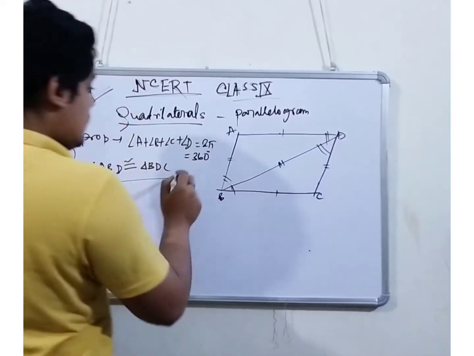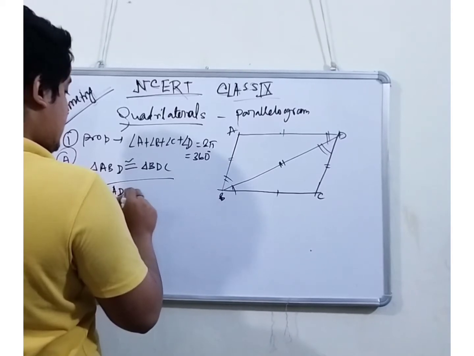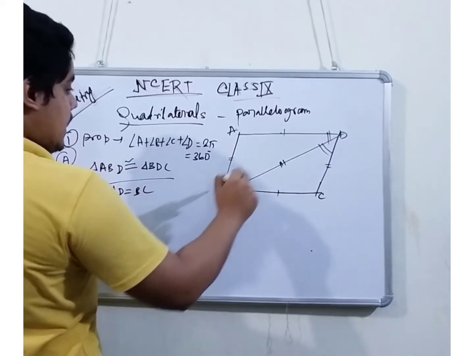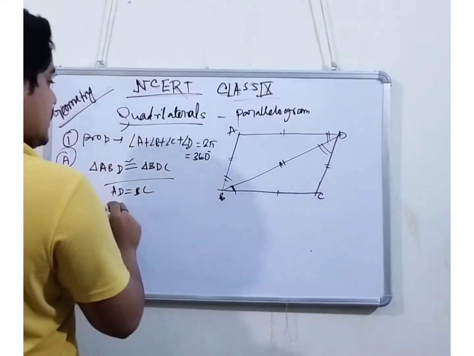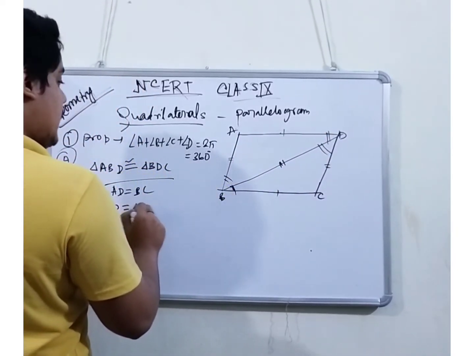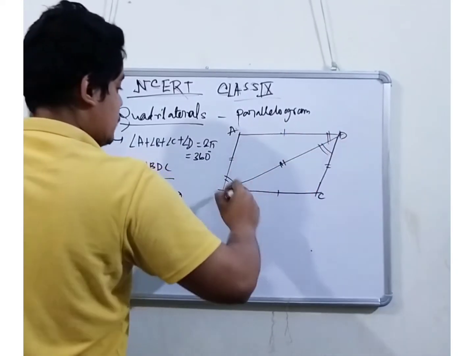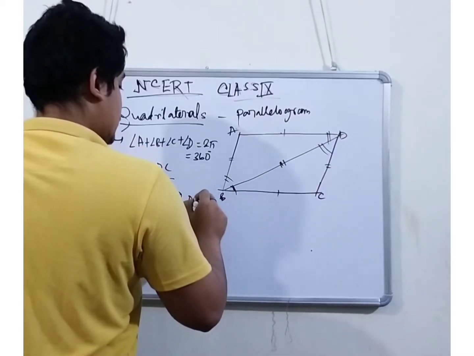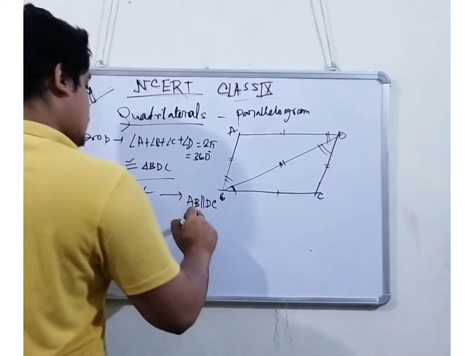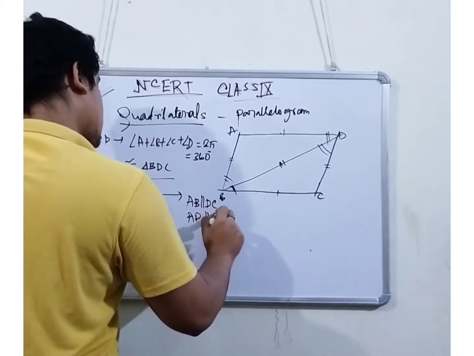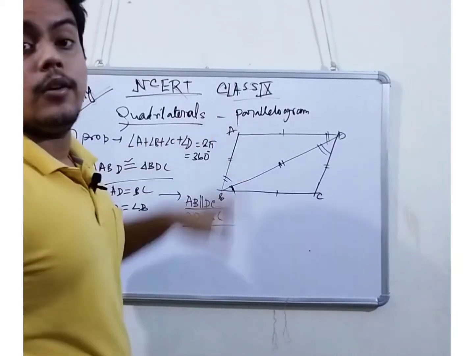These two things: AD equals BC, and the two angles are equal, like this and this angle. So angle D equals angle B. This says that these two lines are actually parallel to each other. So this quadrilateral is a parallelogram.